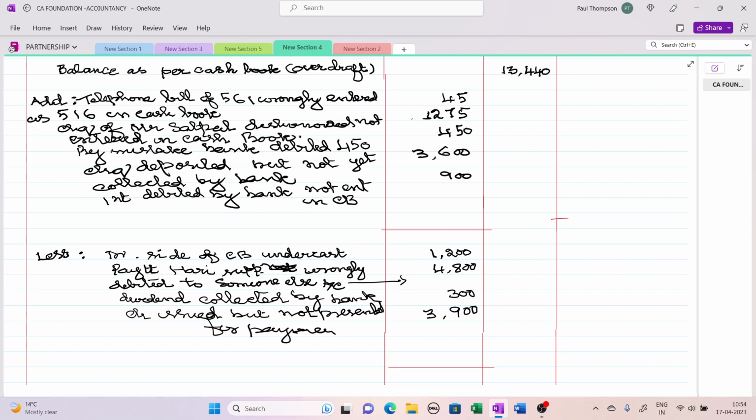Now we have to simply total these both and adjust that. So the overdraft is increased by these figures. What were these figures? 45. Let me add that. 45 plus 1275 plus 450 plus 3600 plus 900.